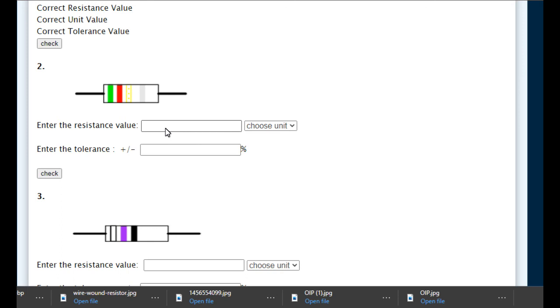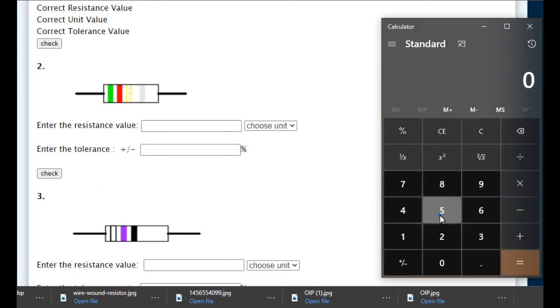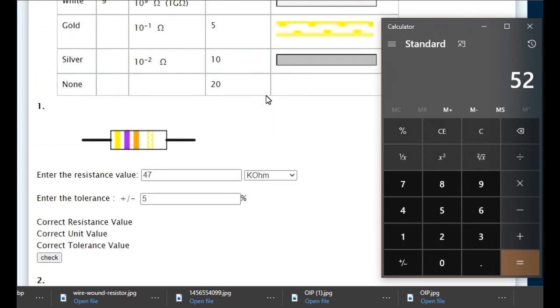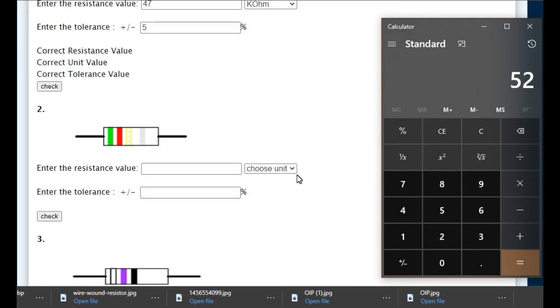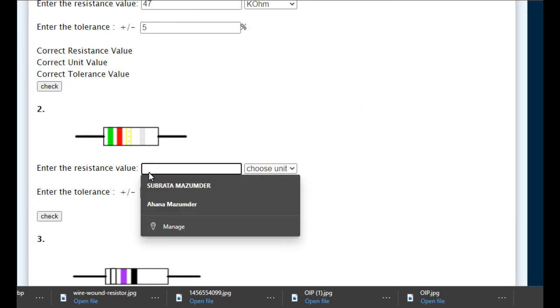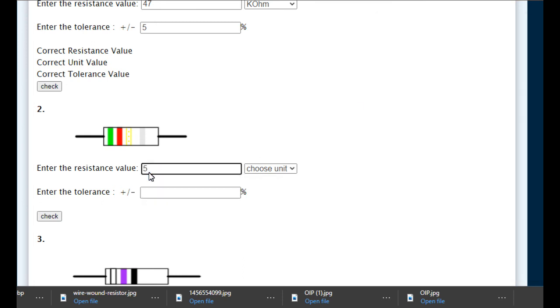Now case 2, where green and red are your first two bands. Green is 5, red is 2, and the multiplier is gold. That means you have to multiply by 0.1. So your value comes to 5.2 ohms.